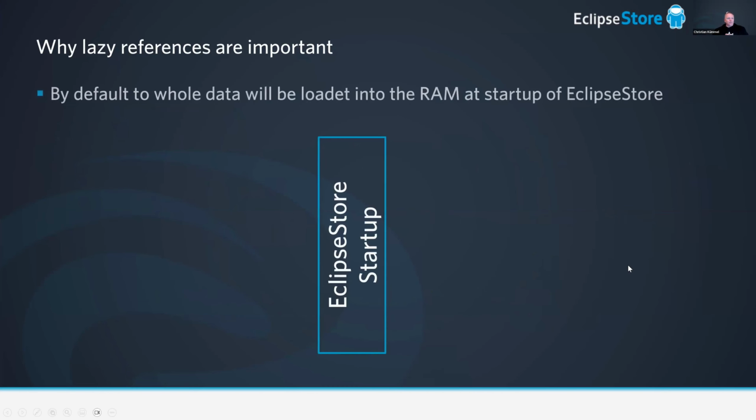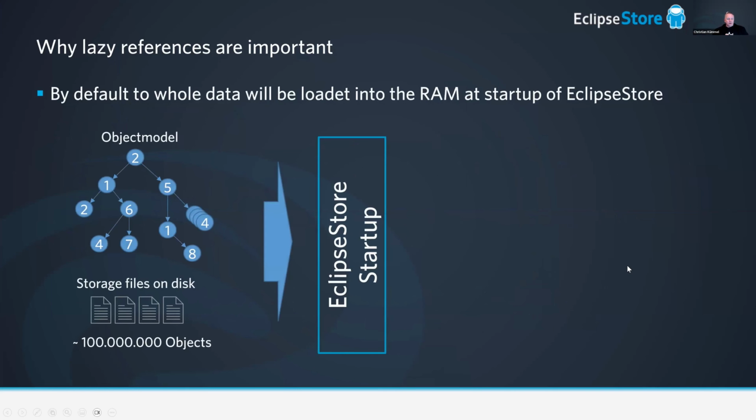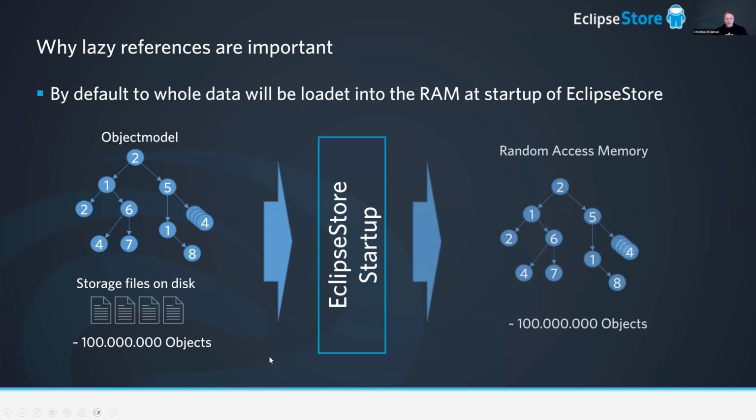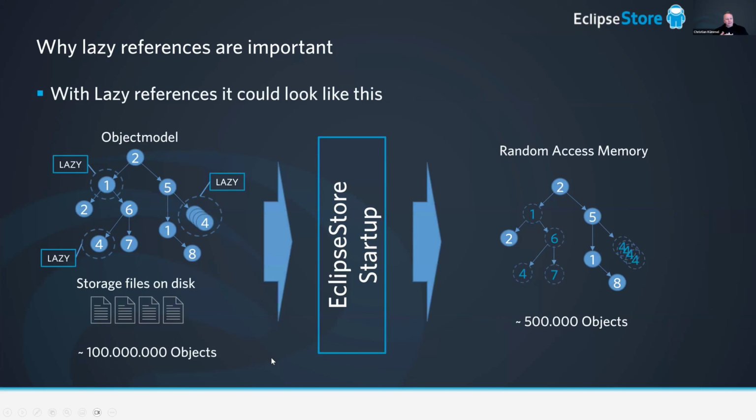Okay, but let's move on. Why are lazy references important? Because, as I already explained, on startup all the data will be loaded to the RAM. That means when we have 100 million objects on the hard disk, on startup you will have 100 million objects within the RAM. When we use some lazy spots, those lazy spots stay on the hard disk as long as they are needed, and that means only the lazy spots themselves.